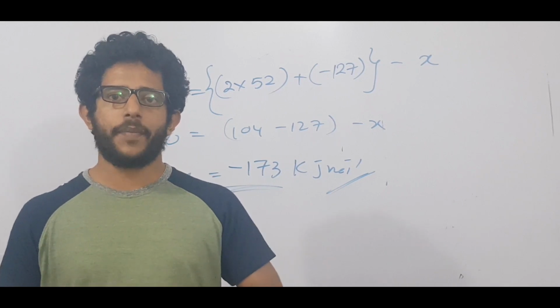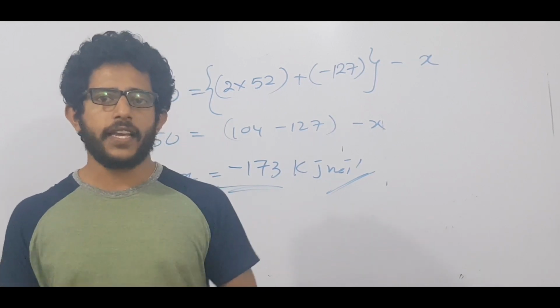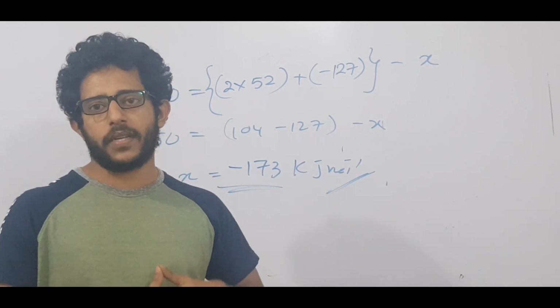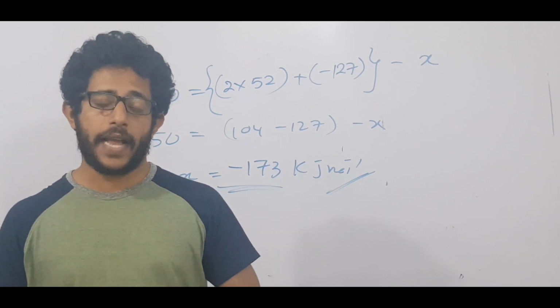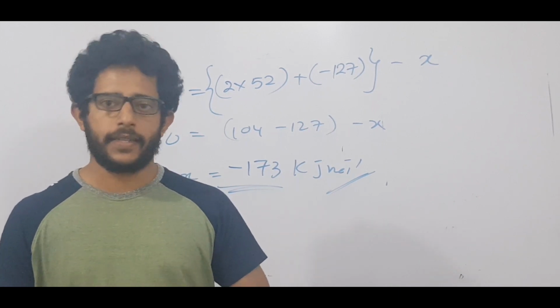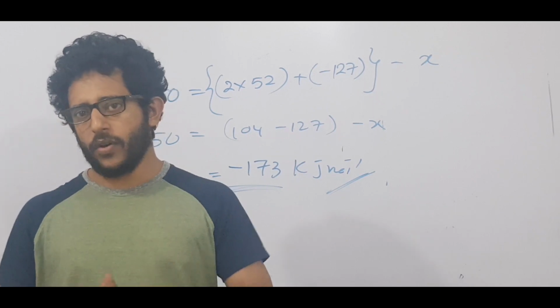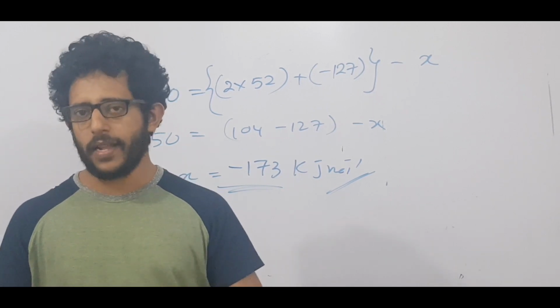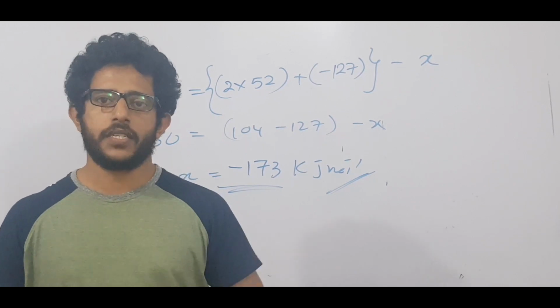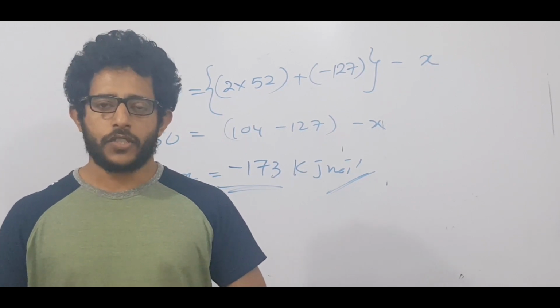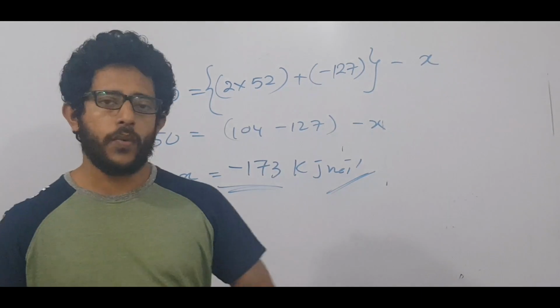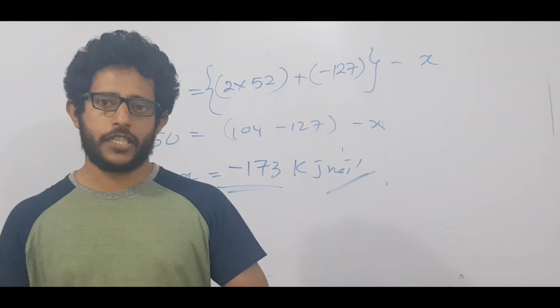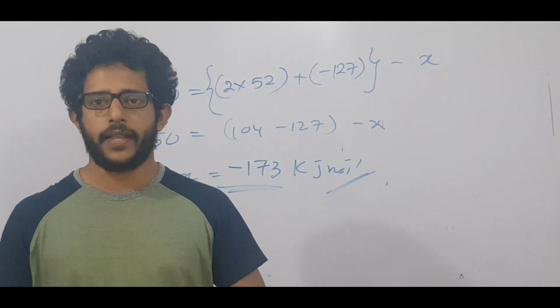If the formation enthalpy data is not given, if anything else is given, you can't use this method. So in the next video, I'll discuss how we can construct the Hess cycle and find the enthalpy change if the combustion enthalpy data is given. So that's how we do the calculation using Hess law and the formation enthalpy data.